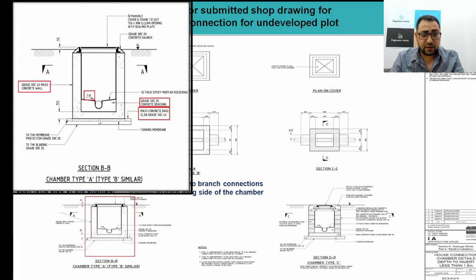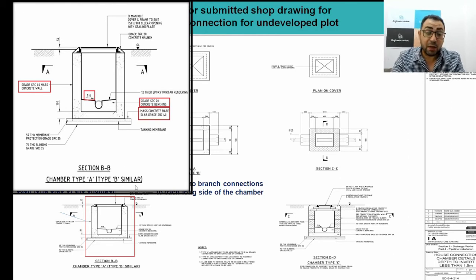As we can see here, this is the finishing as per the standard. These are the cross sections of the inspection chamber. It will be constructed from SRC concrete, SRC 40 for the walls and SRC 40 for the base as well, and benching will be SRC 20, and the slope of the benching inside the manhole will be 1 to 10.